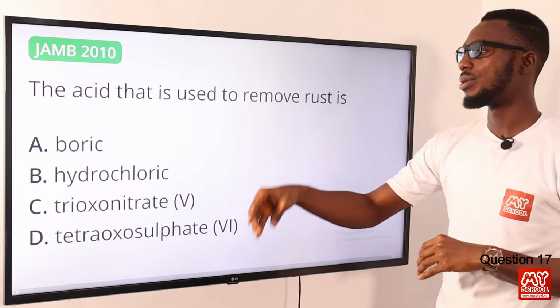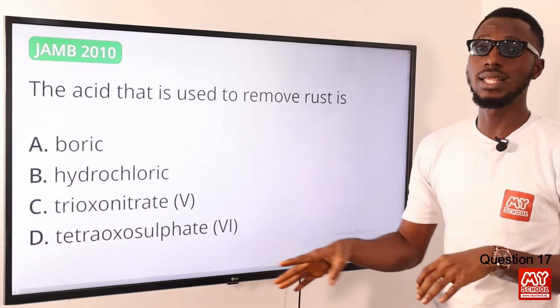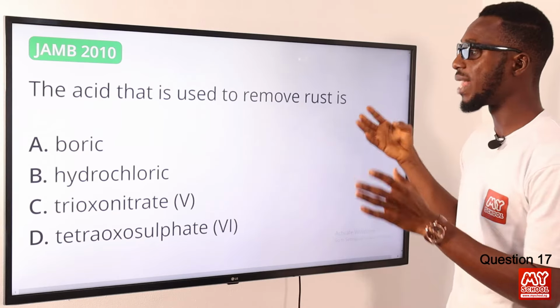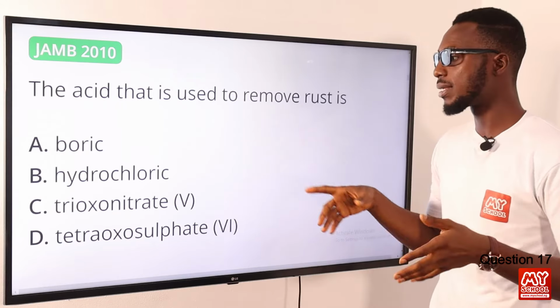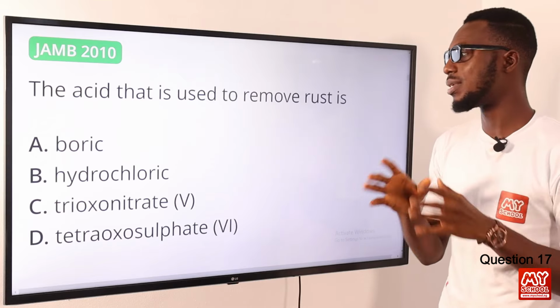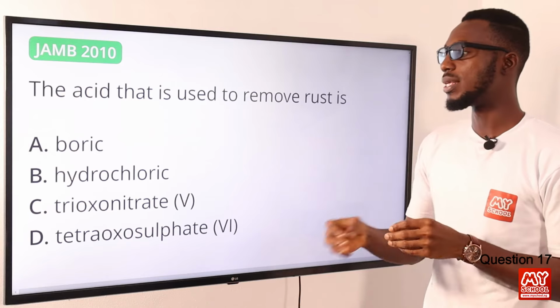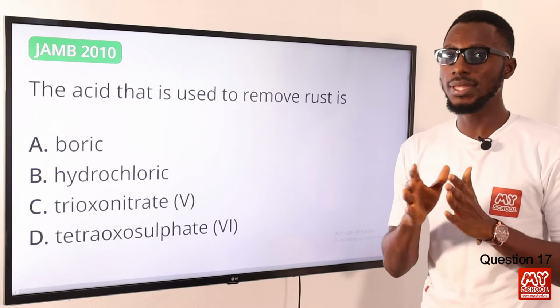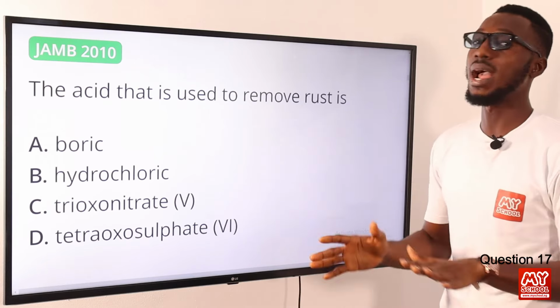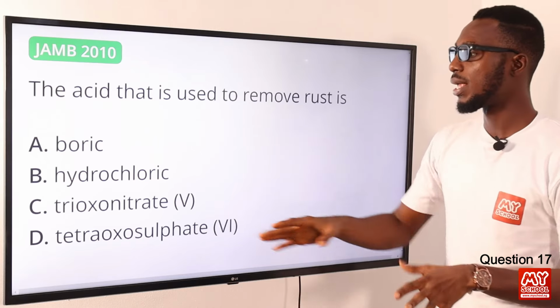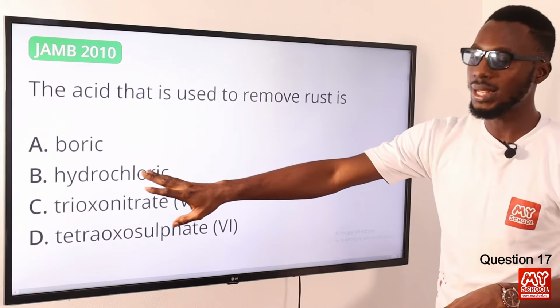All right, so what happens right here is that the metallic oxide, on the surface of the rust, let me just say rust, the rust available on the surface of that particular metal, like iron, is being removed by this process. Now the thing is that in modern times, what we use is hydrochloric acid. Why?